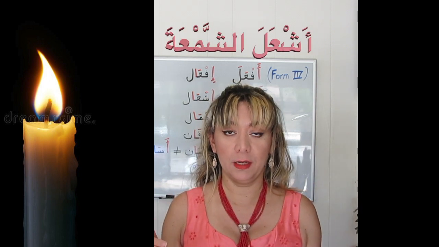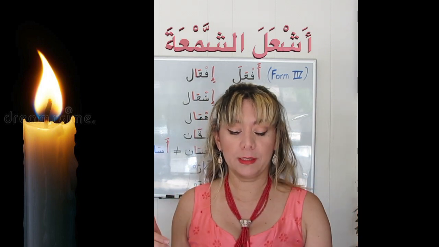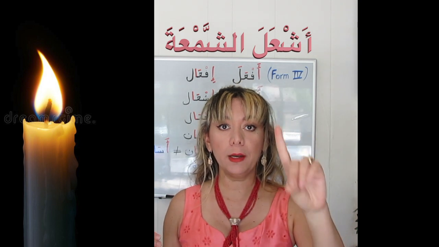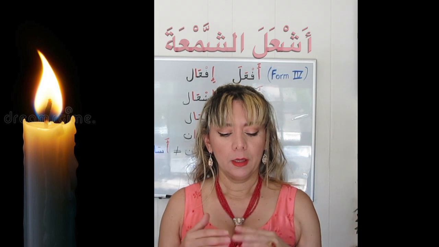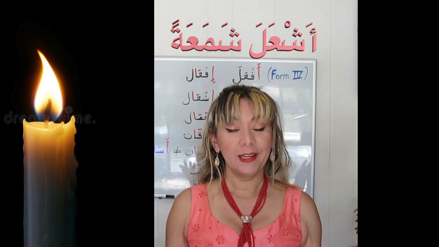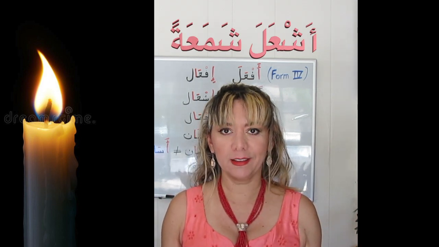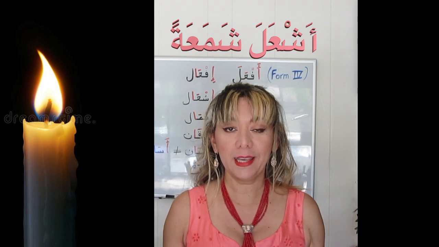If it's definite. If the object is definite, you would use one singular short vowel. أشعل شمعة. He lit a candle. الشمعة. Candle.